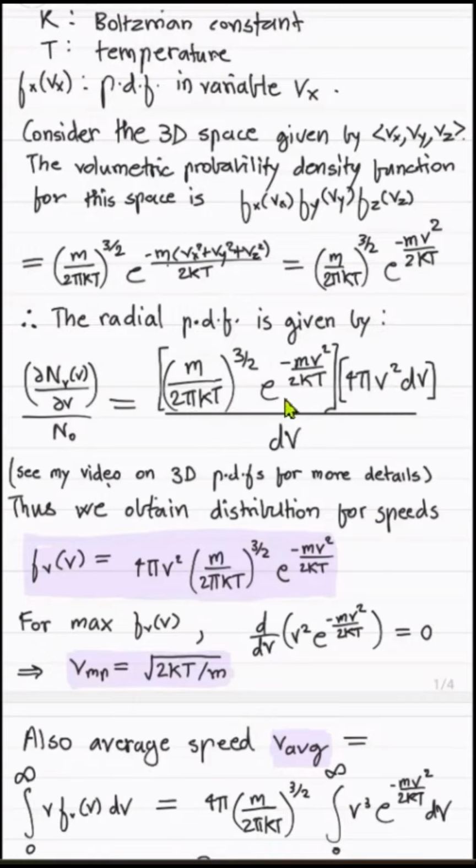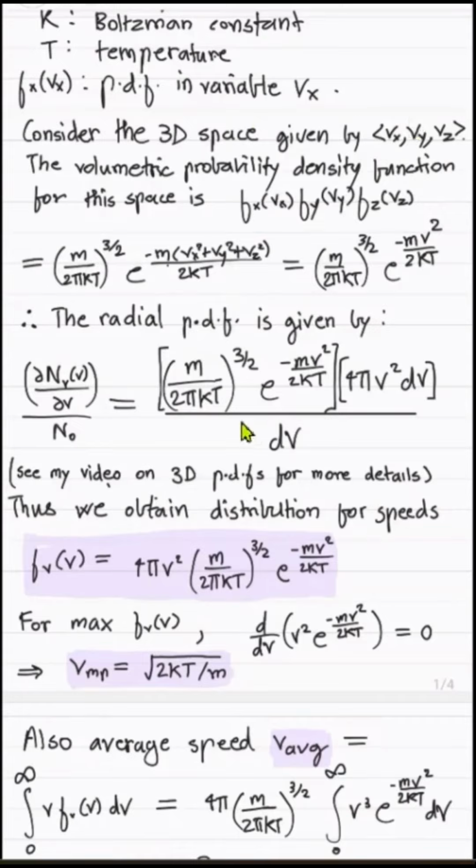That times this probability distribution function is the probability of finding the event happening in the thin spherical shell. By radius I just mean the velocity, the speed. That is also the probability of the event happening in the range v to v plus dv, which is once again just the thin spherical shell in this space.